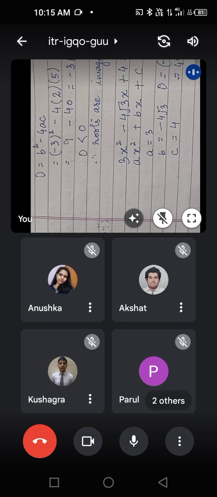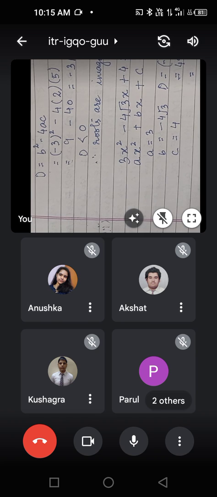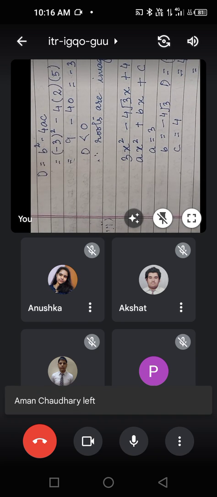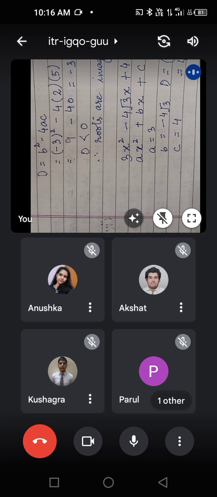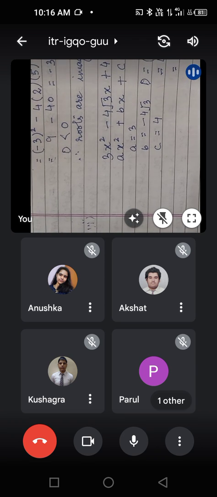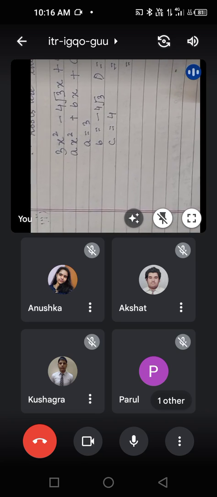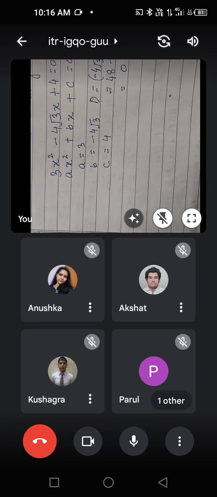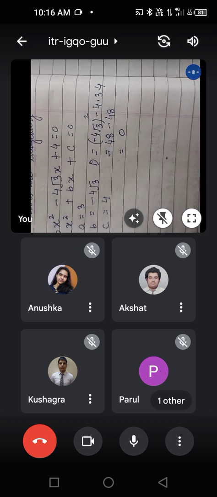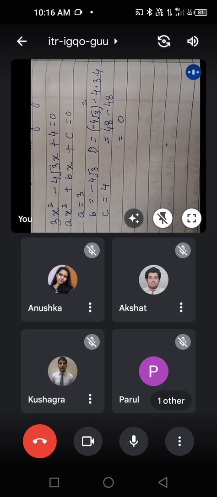The discriminant is equal to 0. This means the roots are possible, and they're equal also. So here the roots are real and possible, and you need to find them out.